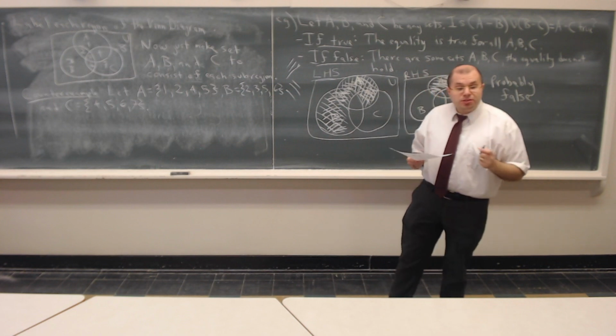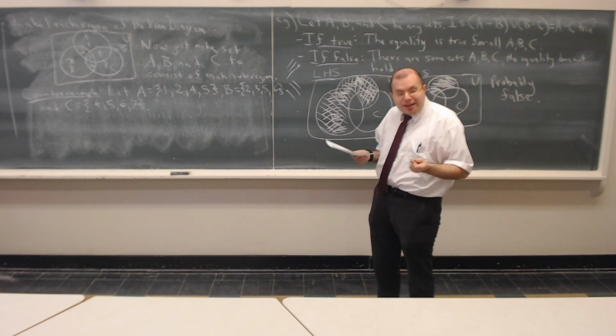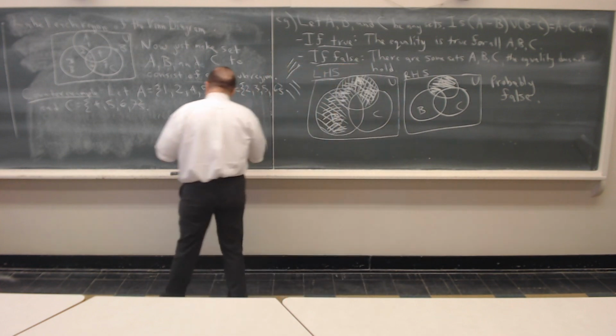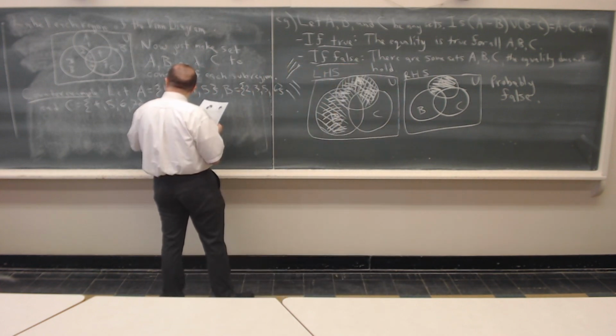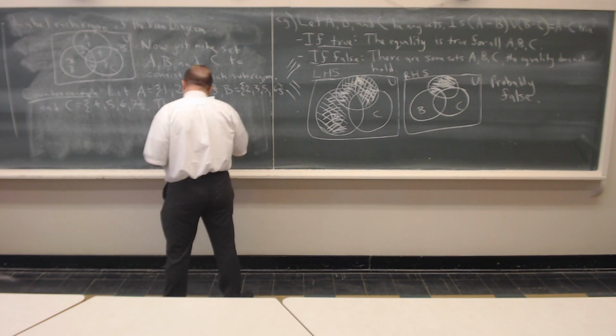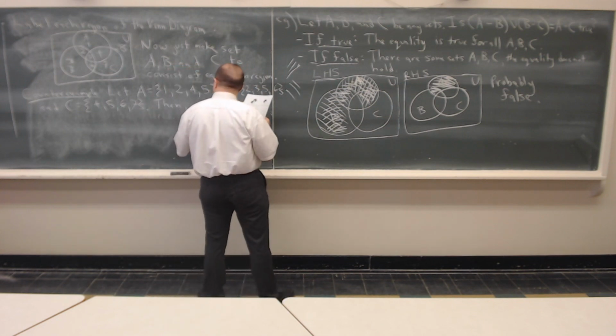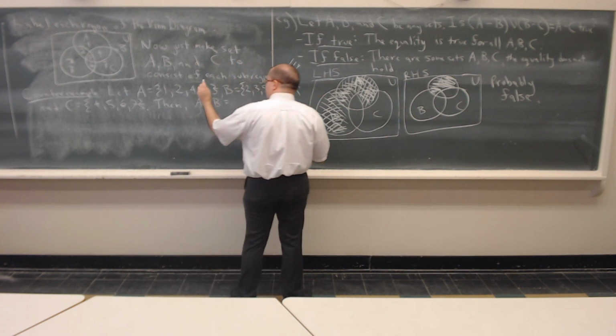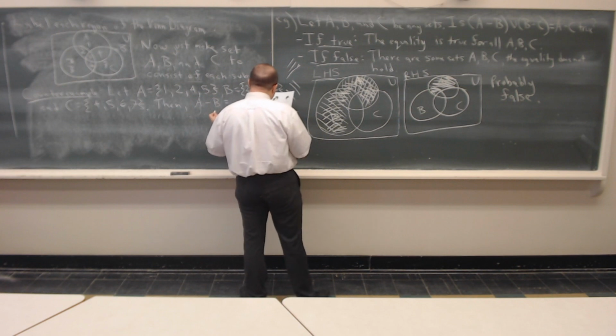And now I'm just going to verify that I indeed have a counterexample. I'm going to take apart what I have over there. So I'm going to start with A minus B. Okay, A minus B, well, what's that?